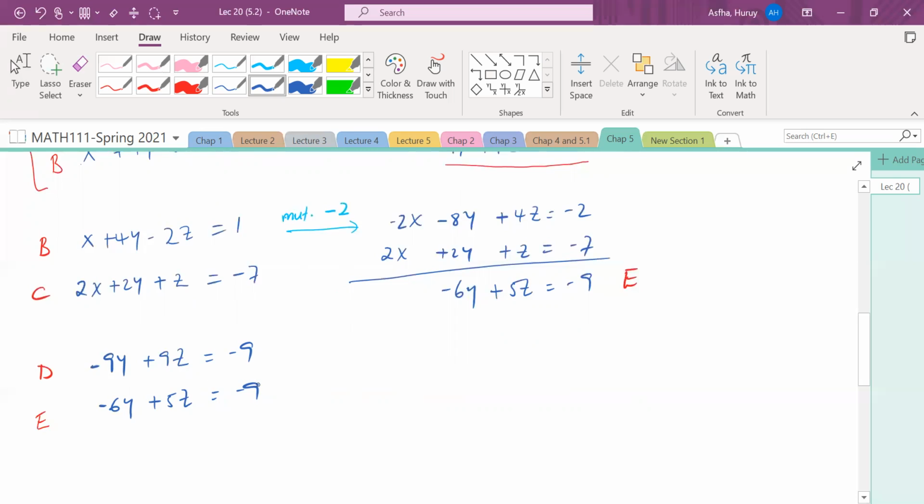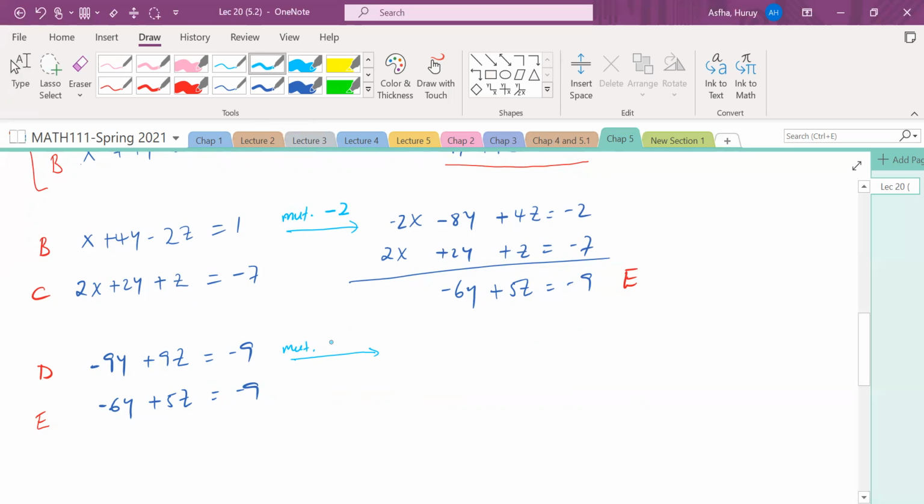So here we have a system of linear equations in two variables, right? We will use those techniques, either substitution or the elimination method or the addition method. Again, I will use the addition method. Let's say I want to eliminate z.